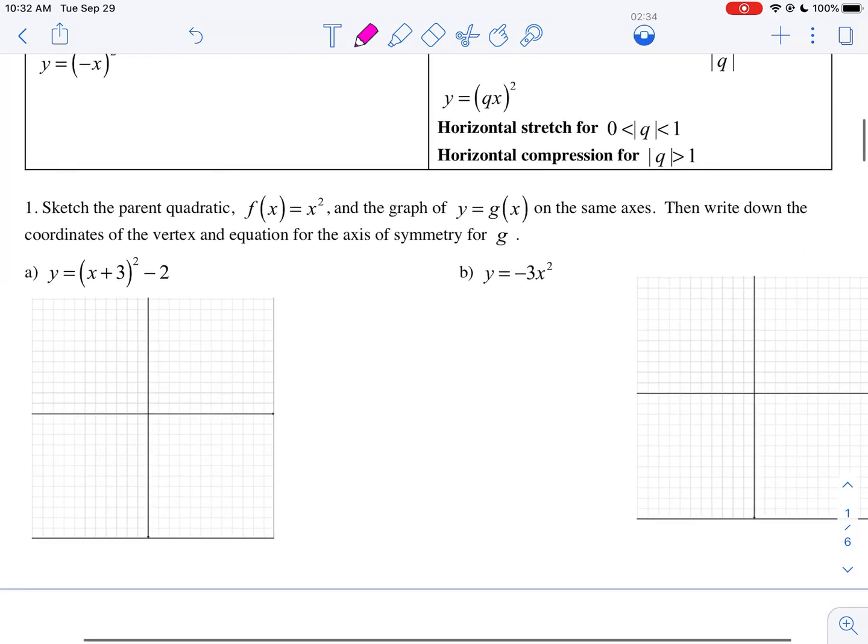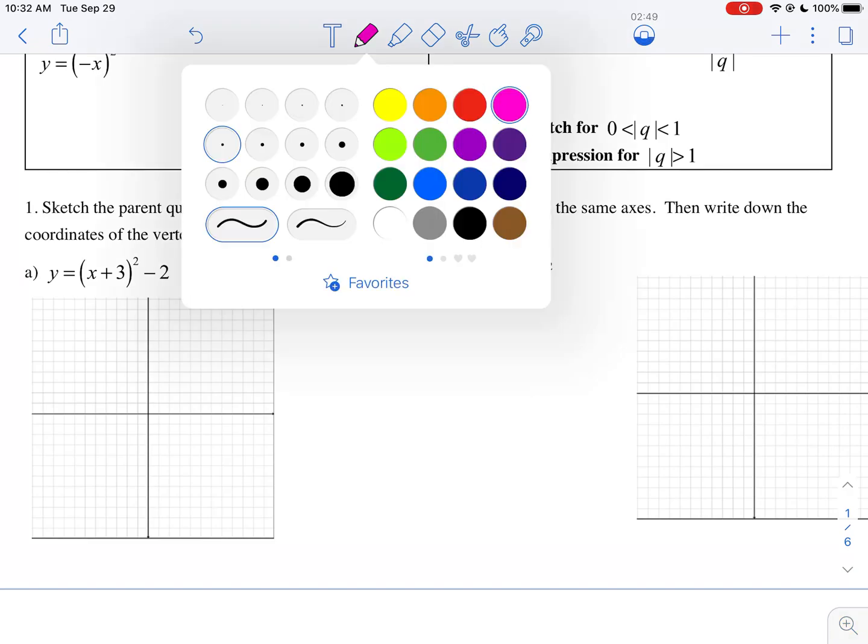In number 1, it says sketch the parent quadratic f of x and the graph of y equals g of x on the same axes. Then write down the coordinates of the vertex and equation for the axis of symmetry for g. So let me change this to dashed here.